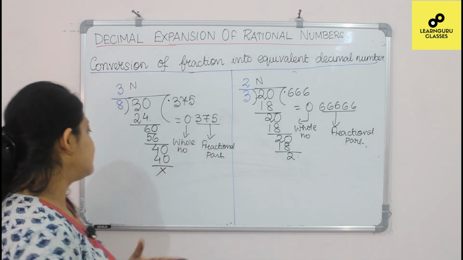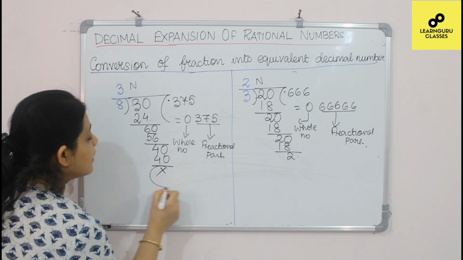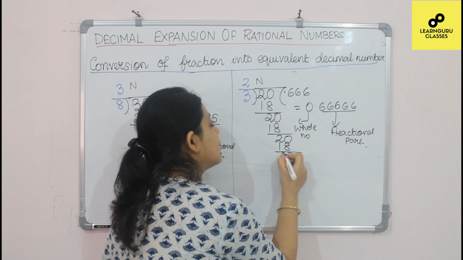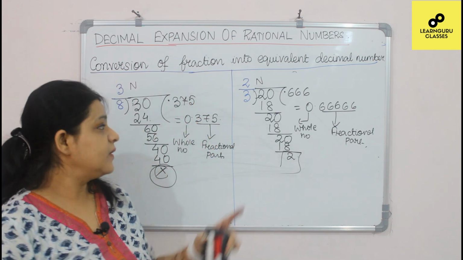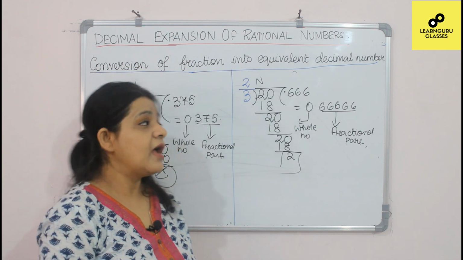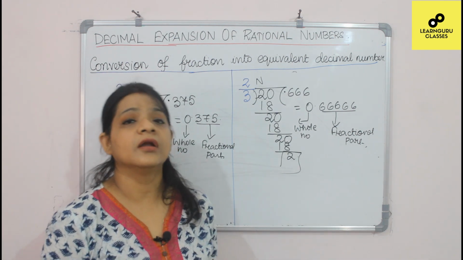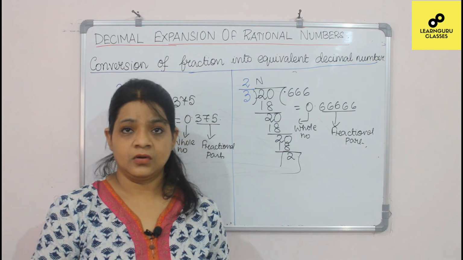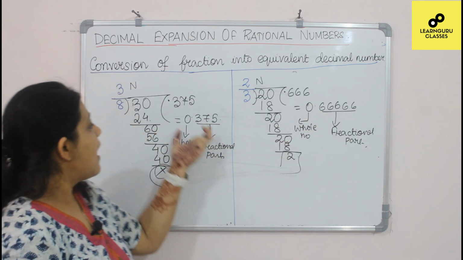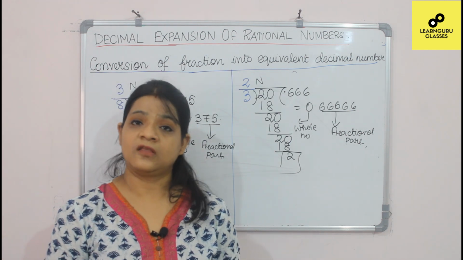The difference is that here you are getting the remainder as 0 and here you are not getting the remainder as 0. One single digit is being repeated and you are bound to continue the division. This is also a decimal expansion and this is also a decimal expansion.